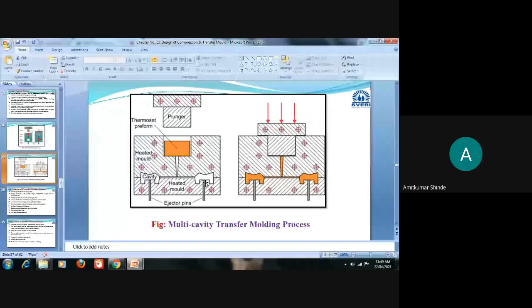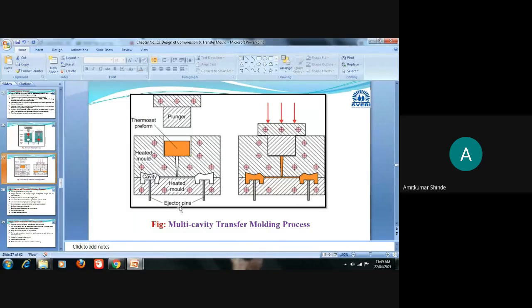Whichever final part is manufactured with the help of that cavity, we will not be able to remove it from that mold without these ejector pins. So this is the very important function, to remove the molded part from the mold safely and without any distortion or damage. We require these ejector pins.